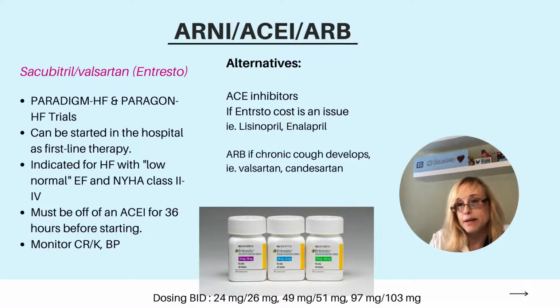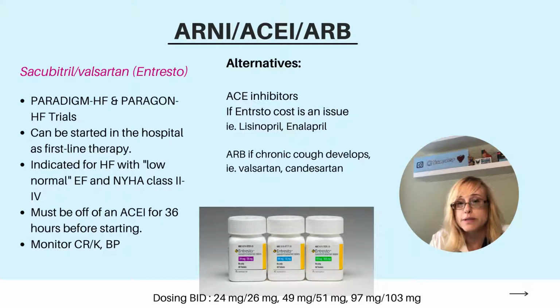They did not meet their primary or secondary endpoints, but in a post hoc analysis, the FDA has recently declared that sacubitril/valsartan is indicated for patients with heart failure and low normal ejection fraction. So also in trials, they found that ARNIs can be started as first-line therapy in the hospital.